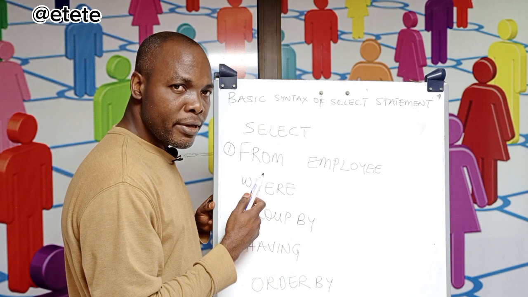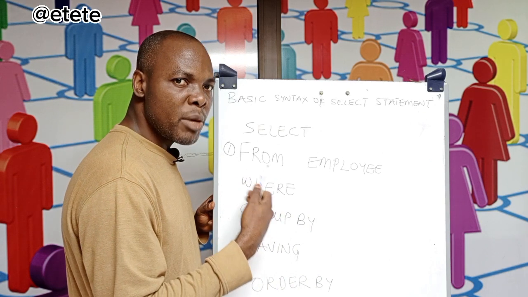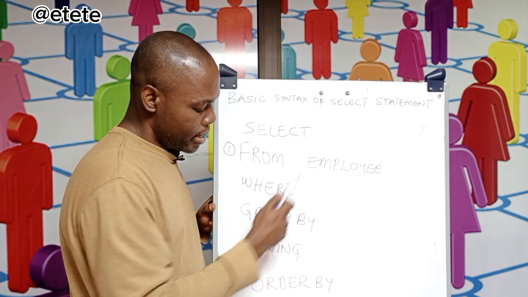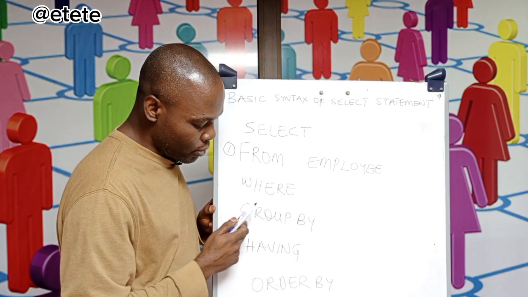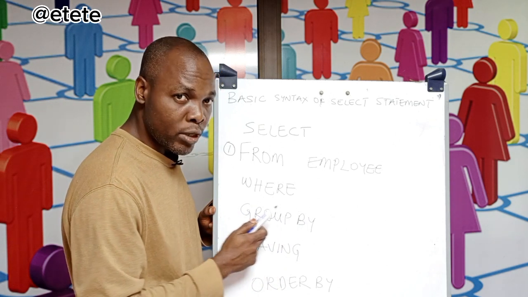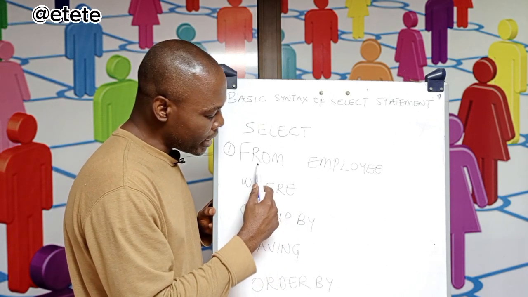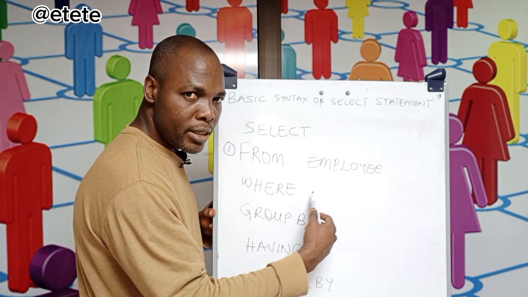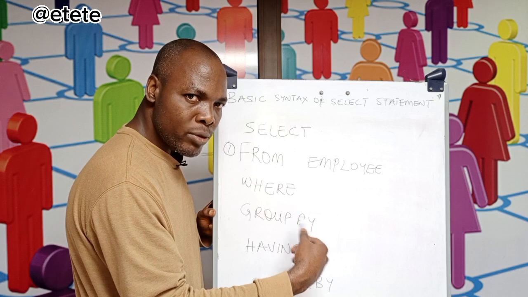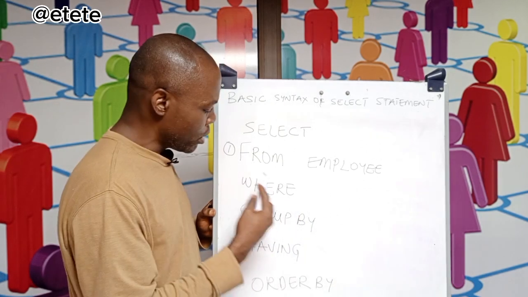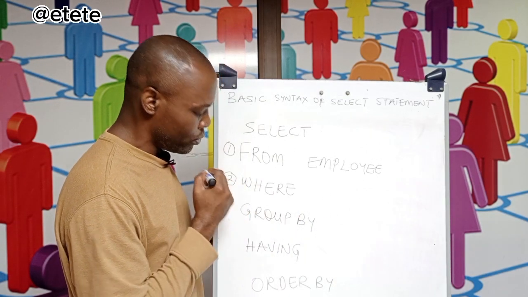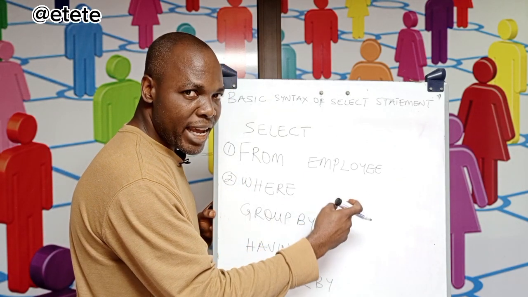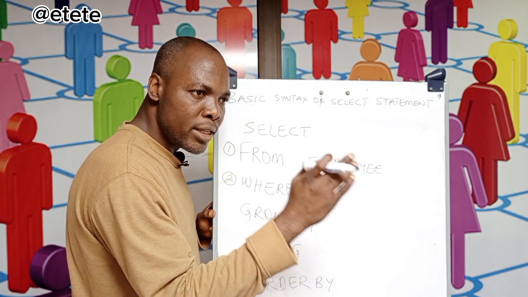And if there is a function that you are going to use in this select query, that function is what will determine the calculation of the group by. So you are saying from a particular table, then you have the condition by which you are going to pull out those data from that table. So this is number 2. Now, based on that condition, you can decide to say, okay, I need to group them.